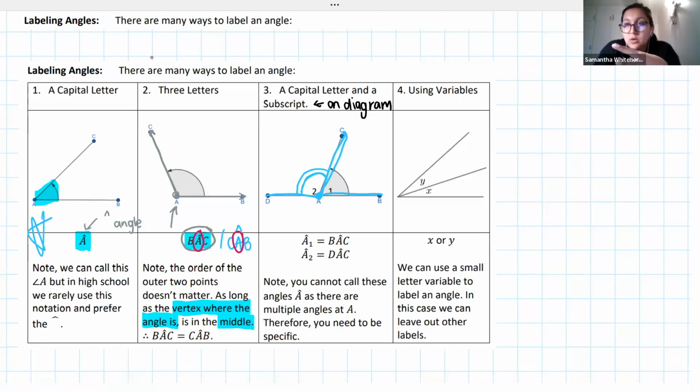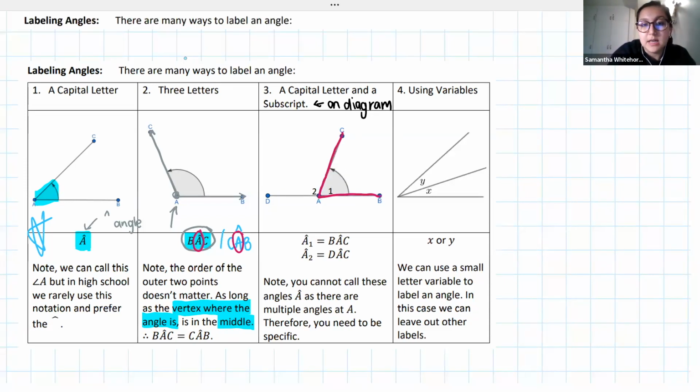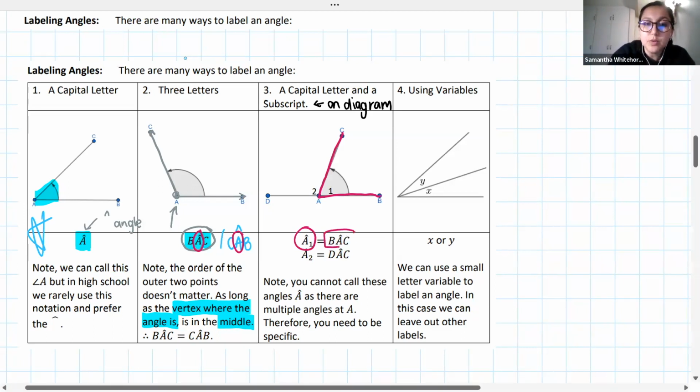Now, mathematicians are quite lazy, and so writing out 3 letters is a bit of a job. And so sometimes what we do is we put the numbers on our diagram. So rather than trying to label this first angle, so let's just get this first angle BAC, we just call it A1. BAC is still perfectly fine. There is nothing wrong with saying BAC, but angle A1 is a lot easier to work with.